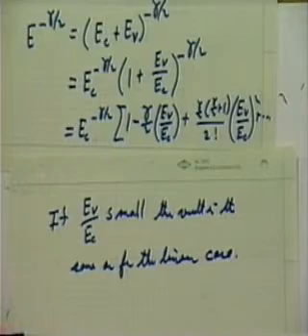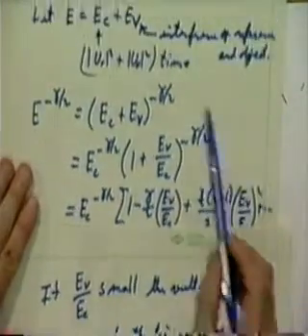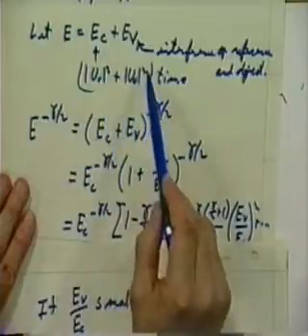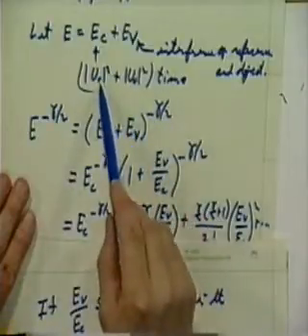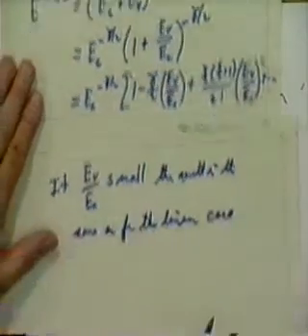Okay? So how do we make this small? Well, we make E sub c large. If we make the reference beam much stronger, much brighter than the object beam, then this quantity is going to be small.